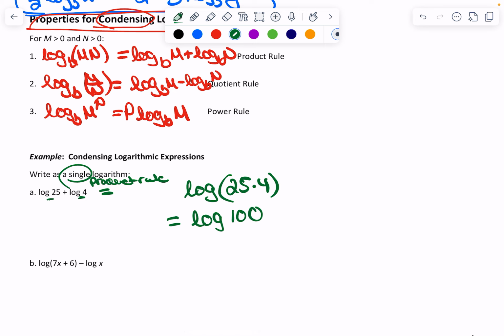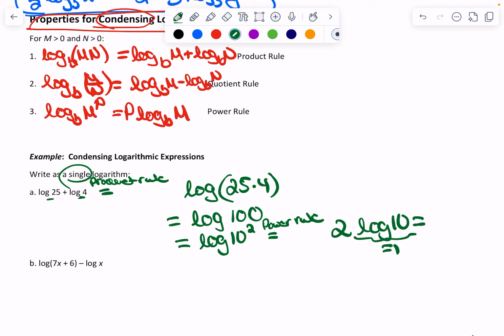Now, we can rewrite this as common log of 10 to the power of 2. Use the power rule to bring the 2 to the front and do common log of 10, which we know equals 1, so our answer is going to be 2.